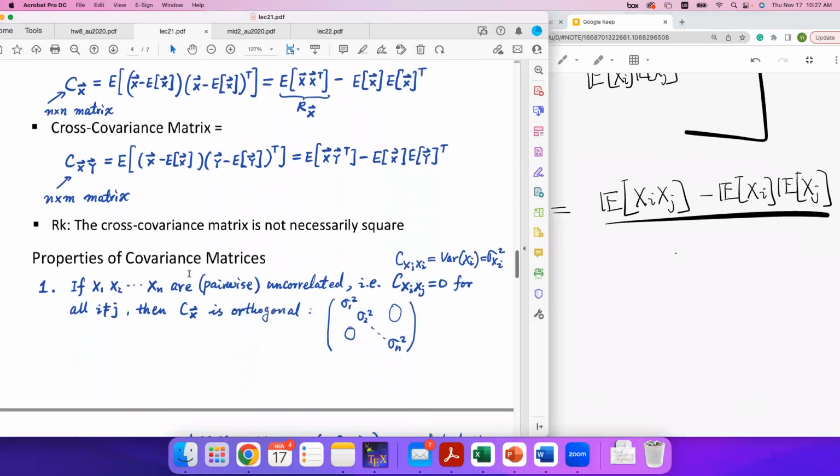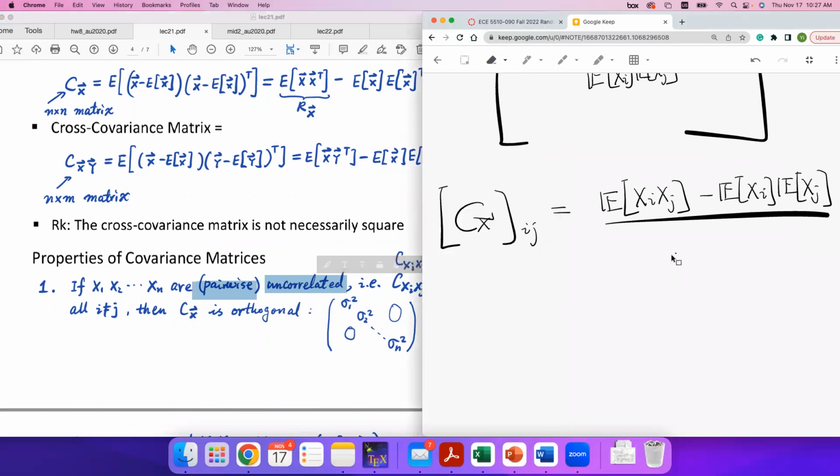Now they are pairwise uncorrelated. Right. Pairwise uncorrelated means that this is basically CXIXJ, right?